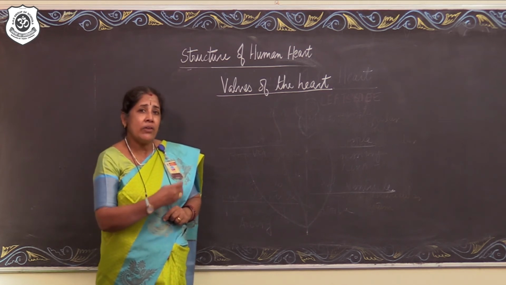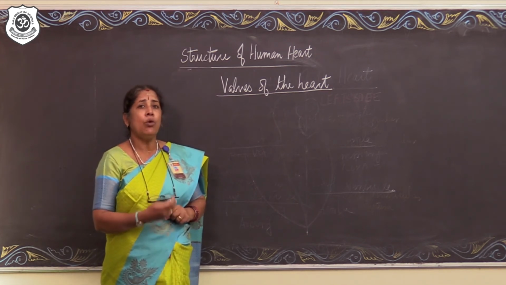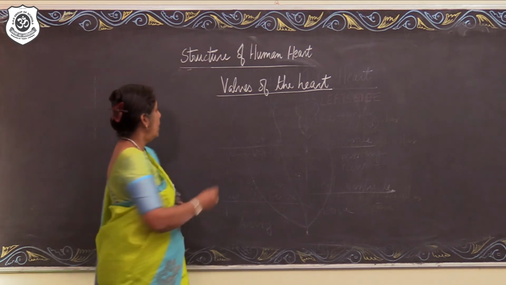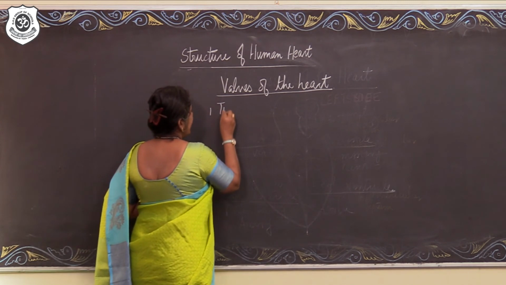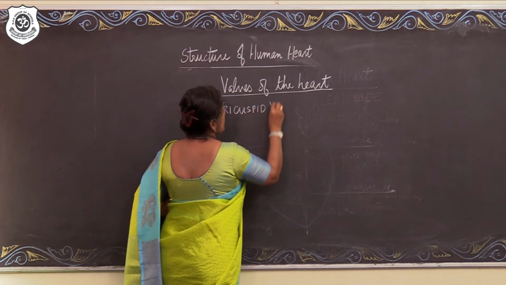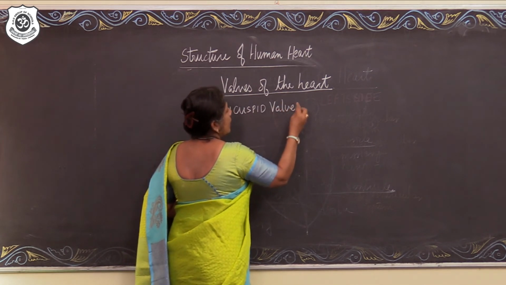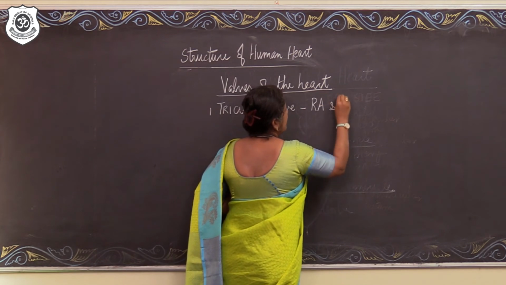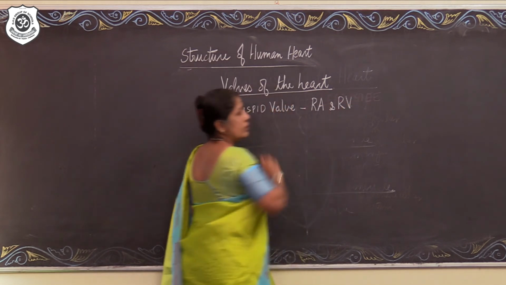Now let us recap that quickly and go on to see what are the 2 other valves that are present in the heart. The first one is the tricuspid valve. That is present between the right auricle and the right ventricle.